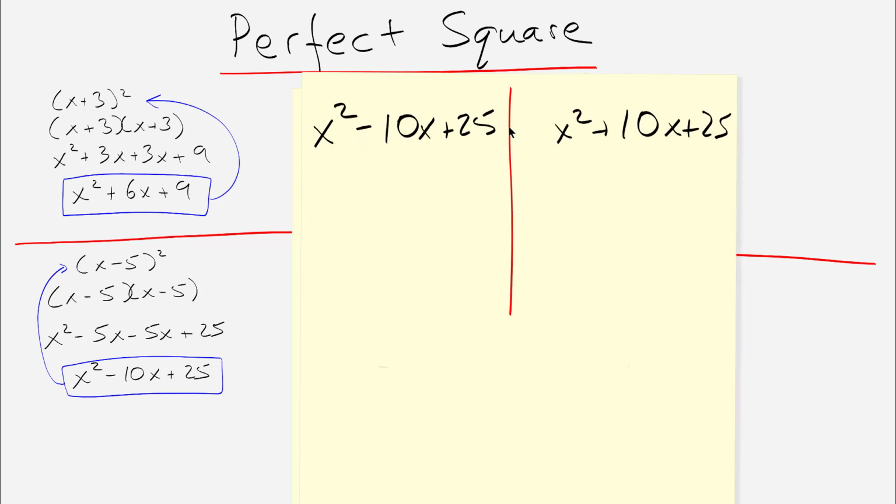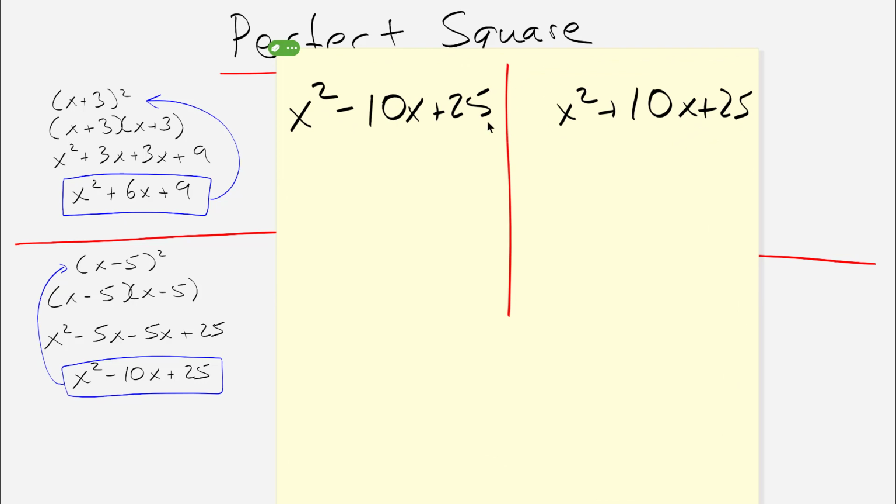These are two different expressions, but they both have a plus 25. So we can't tell the difference by looking at the 25, but we can tell the difference by looking at the second coefficient here, the tens. So the one on the left we must know is x minus 5 squared, and the one on the right we must know is x plus 5 squared, because of the minus here and the plus there.